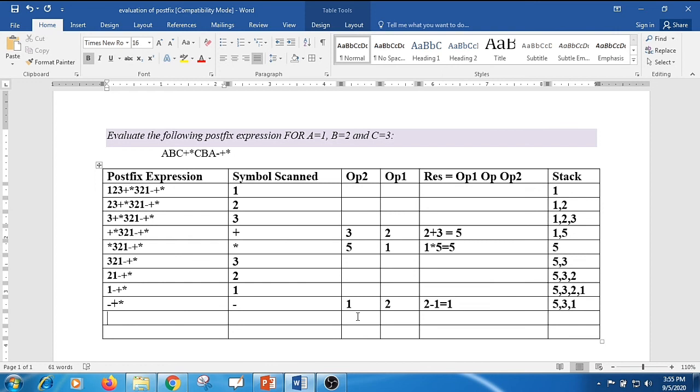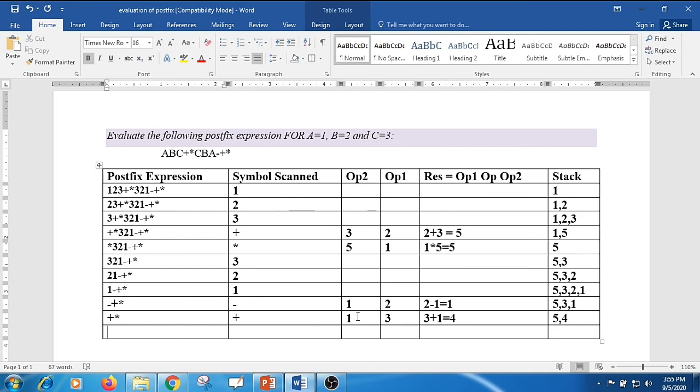Next, remaining are plus and star. I read plus now, and pop 1 and 3. So 3 plus 1 gives 4. So 5 and 4 are in the stack.